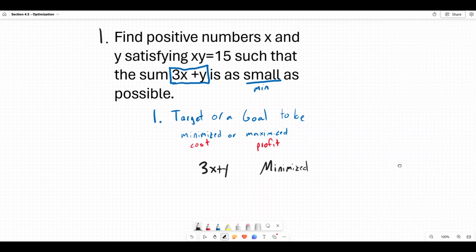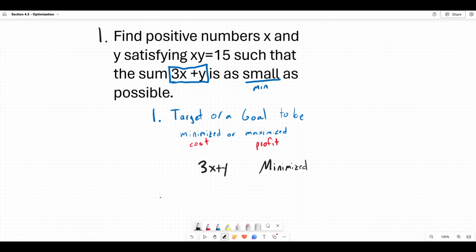Okay. Now, with most of these, if you want to minimize it, just choose x and y both equal to the smallest positive number. We also are going to include some sort of relationship, or a better word is a constraint, a condition, something that's going to choose our values for us. Why can't we just choose x and y both equal to the smallest number?